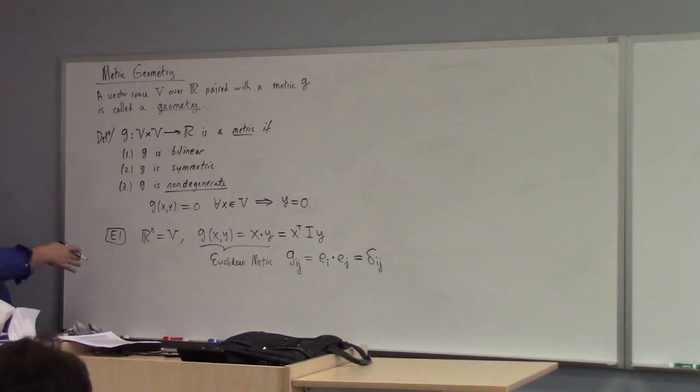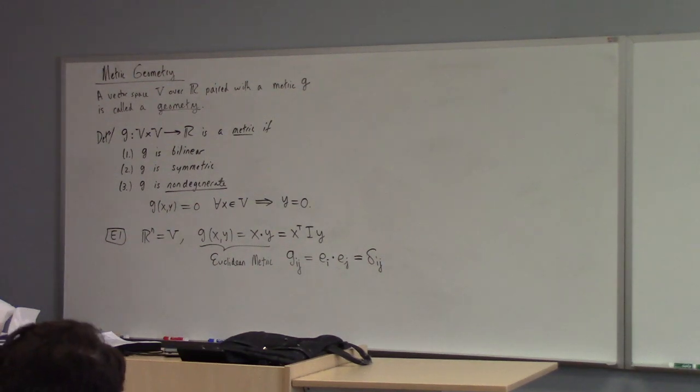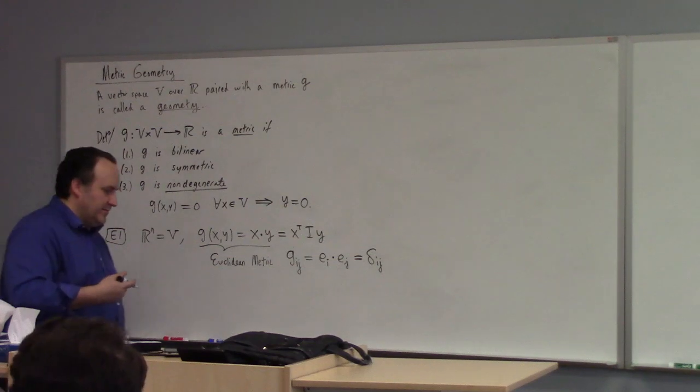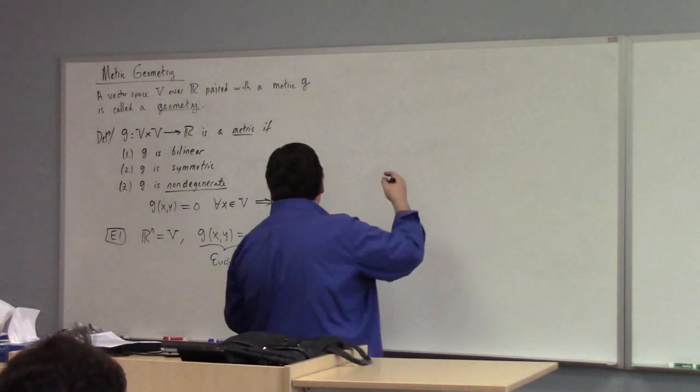So Rn paired with the Euclidean metric defines a geometry which we commonly call Euclidean geometry, all right? And of course we could do more. We could define angles, notions of parallelism, all that stuff, all right? But that's not really where we're interested in here at the moment.